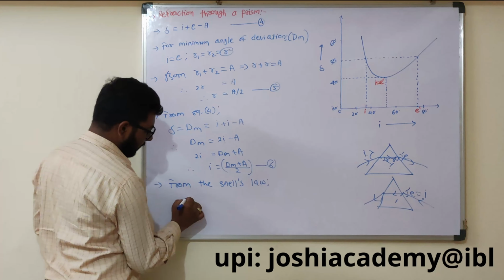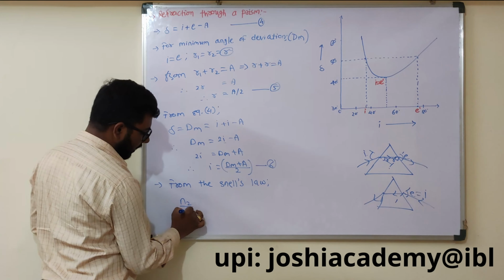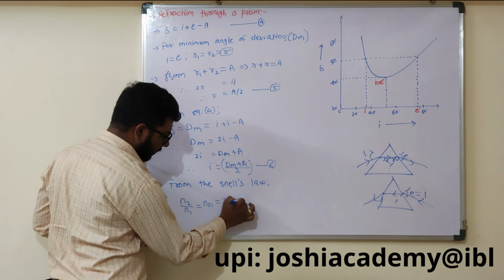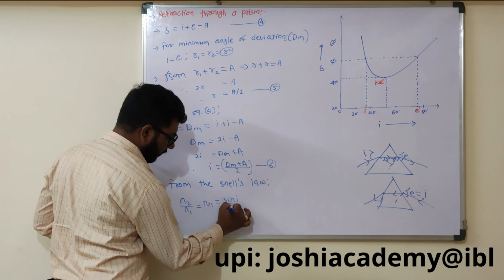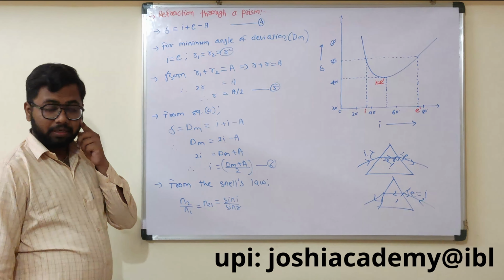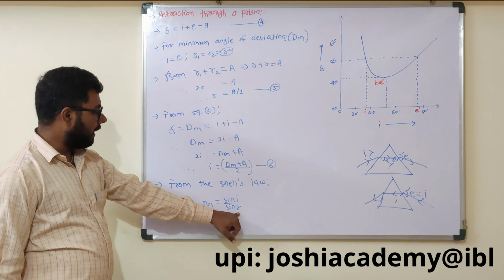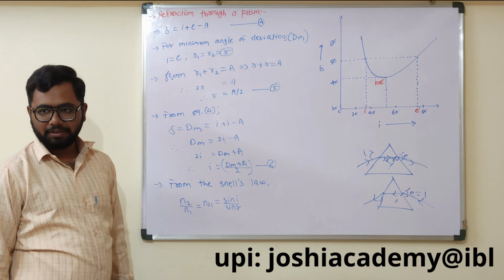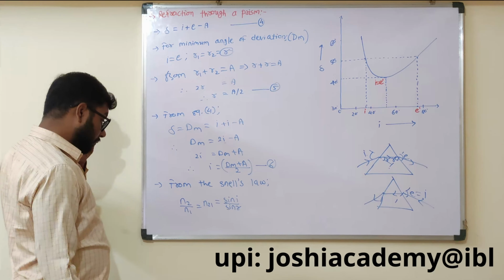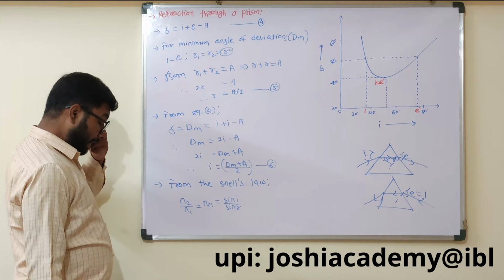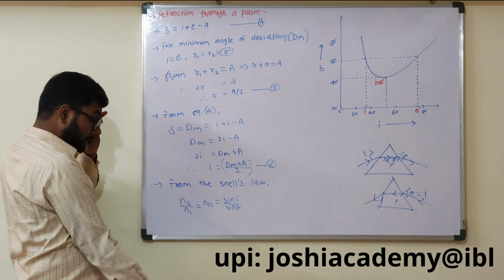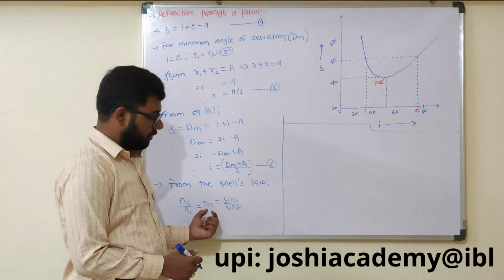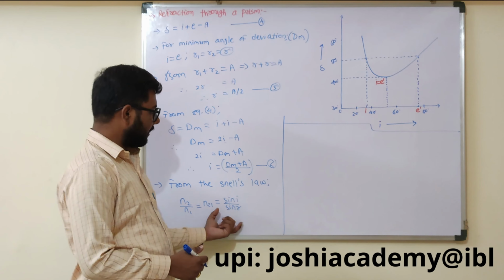Snell's law is nothing but n2 by n1, which is n21, equal to sine I by sine R. Now I and R we have already figured out in equations number 5 and 6 respectively. Let us substitute the values of I and R in this equation.